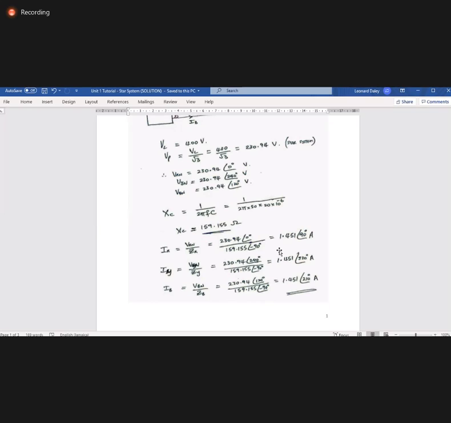That will work out to give you a leading current when you divide the voltage by the capacitive reactance. You will notice that IR is leading VR by 90 degrees.